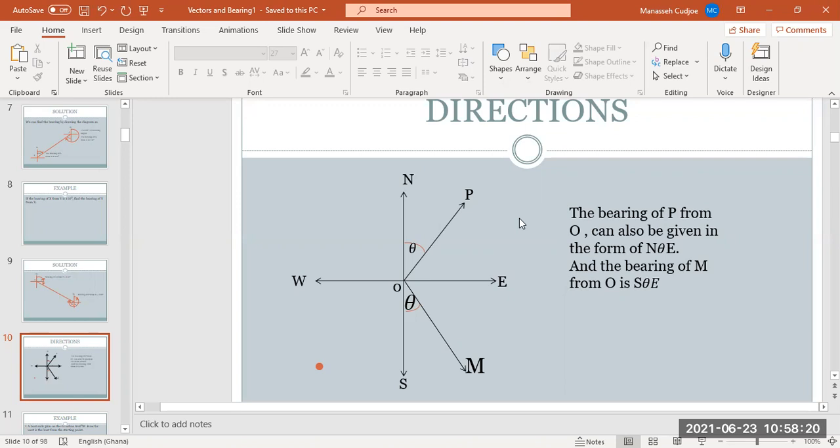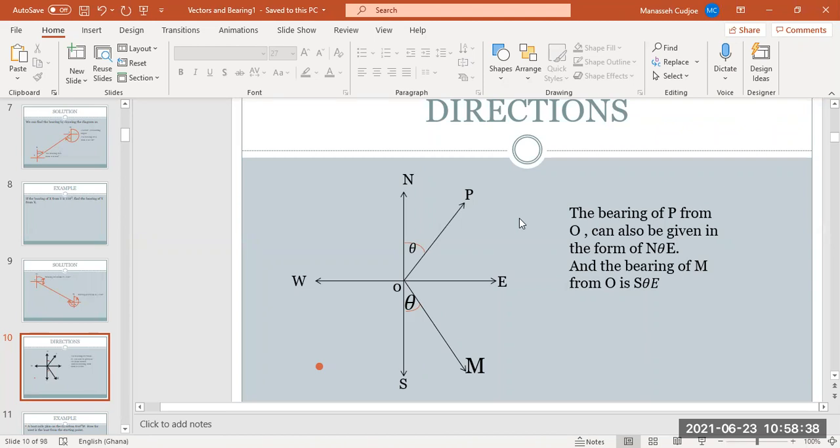So for instance, I can talk about a ship that moves from point A to point B on a direction. In this scenario, I'm not giving a bearing, but I'm giving you a specific direction based on a cardinal point.